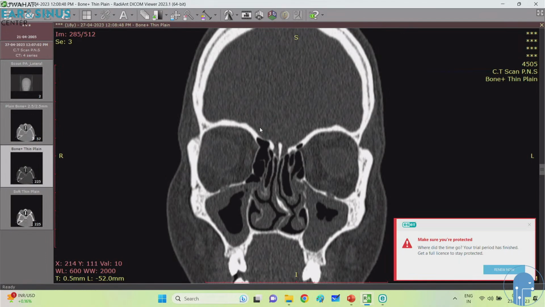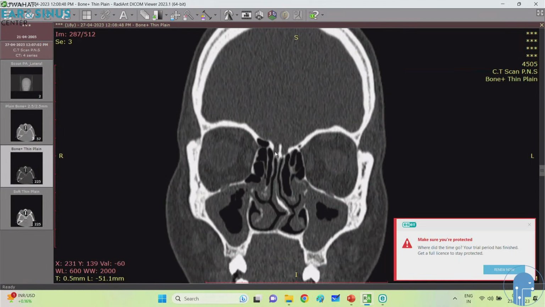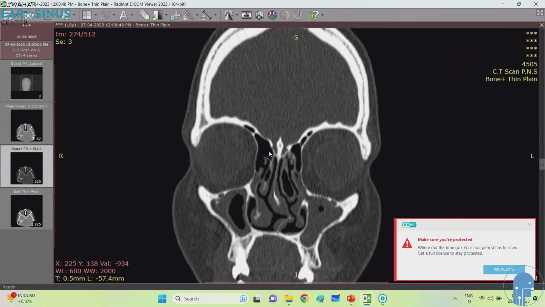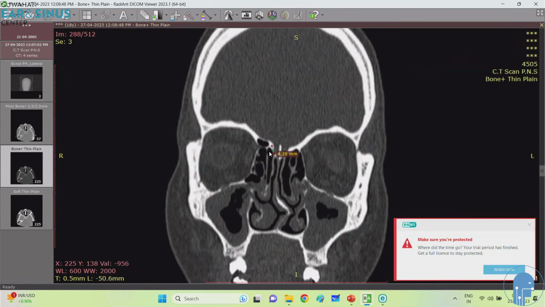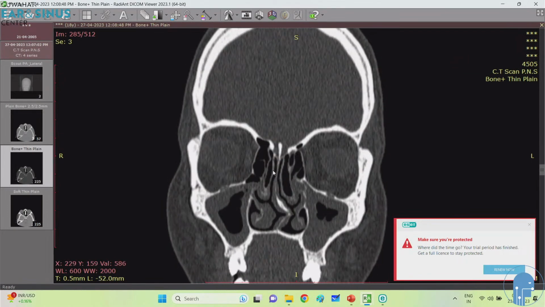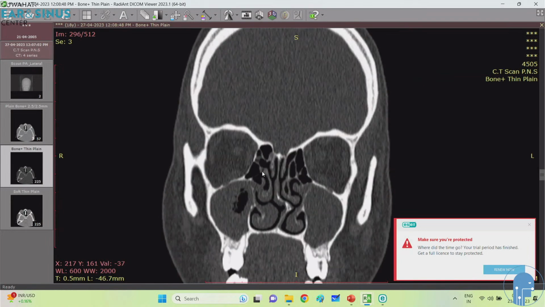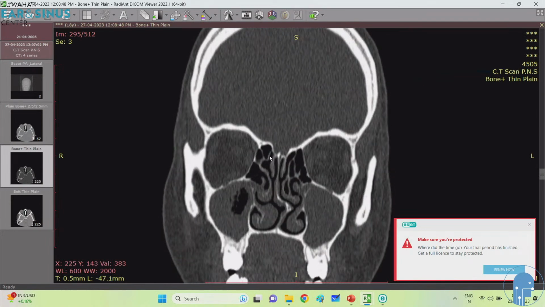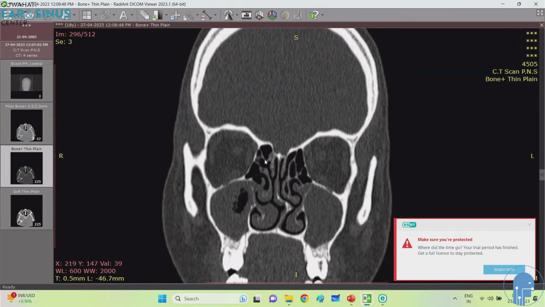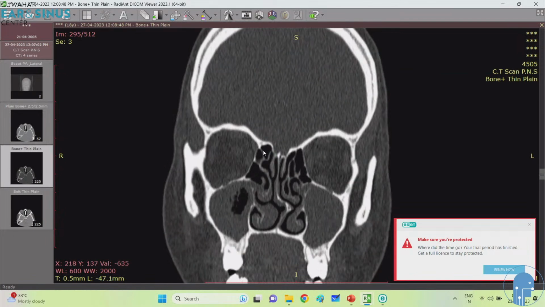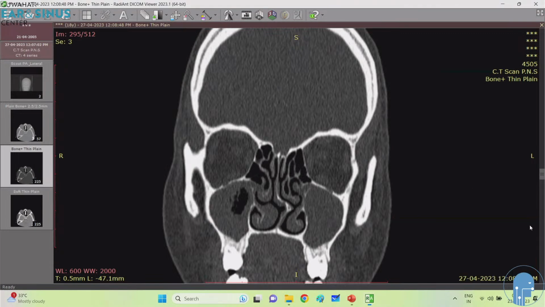The second thing, I'll show you the ground lamella. The anterior ethmoidal artery is a few millimeters anterior to the ground lamella in the axial cuts.